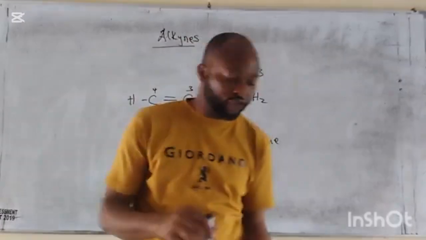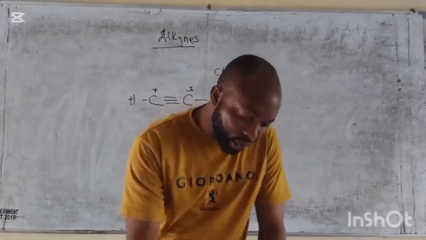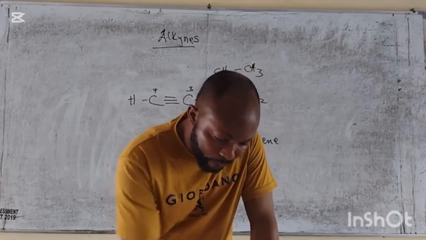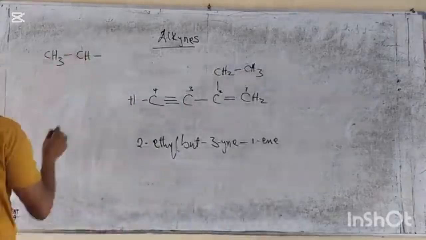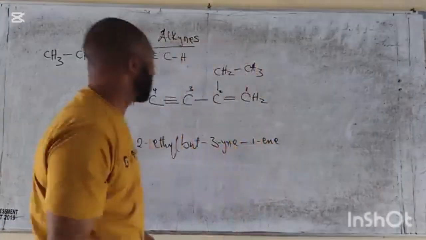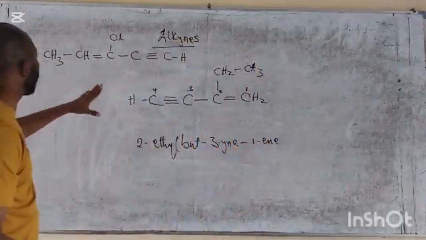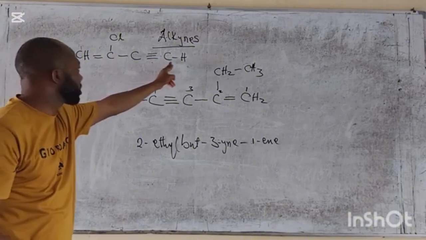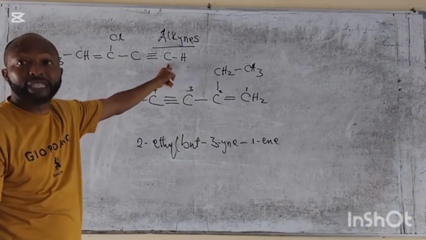So let's take another structure so that we can see what we do with it. I have another one here. We start by looking at the lowest possible number. If I come from here, 1, 2, the double bond here is in 2, but the triple bond here is in 1. So this takes precedence.